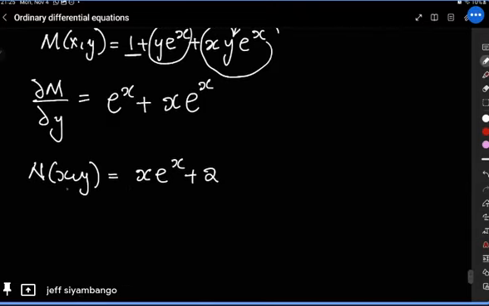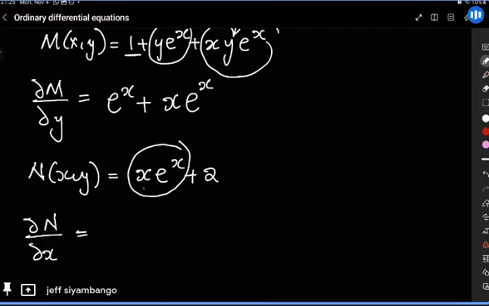Now let's check partial N, partial x. With respect to x, we see that these two terms both have x and they're multiplying, so I'm going to differentiate by product rule. We'll keep x, differentiate e^x, and that will remain e^x.